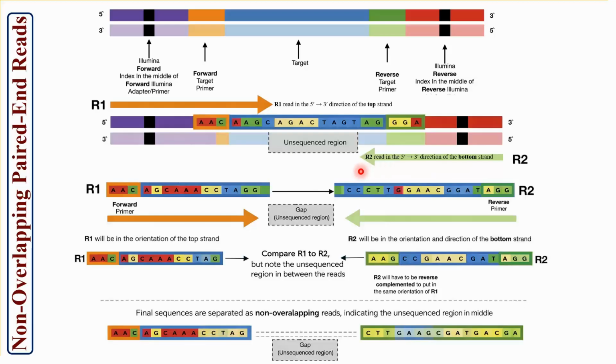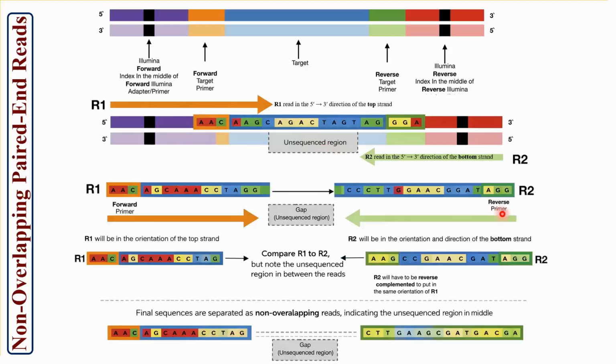So again, the reads are moving towards each other as we can see here, but this time they don't meet in the middle as we can see here. Instead, there is a gap between them.